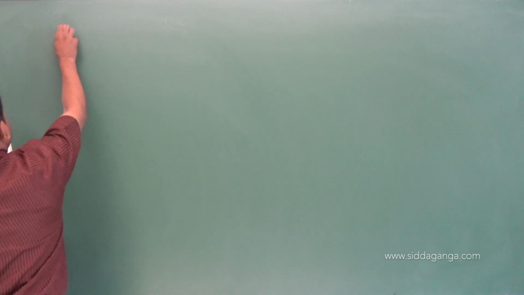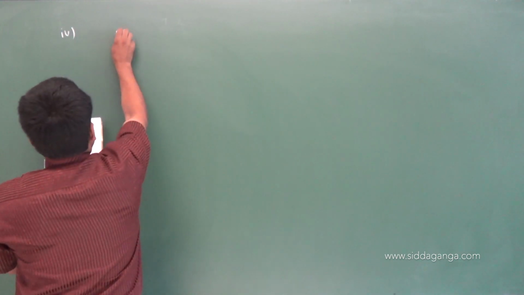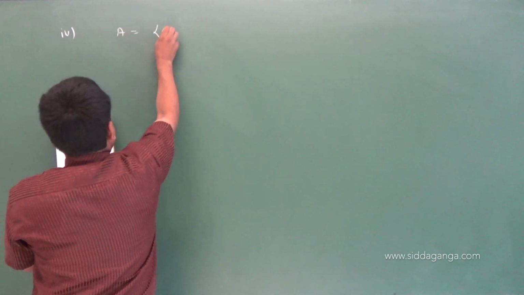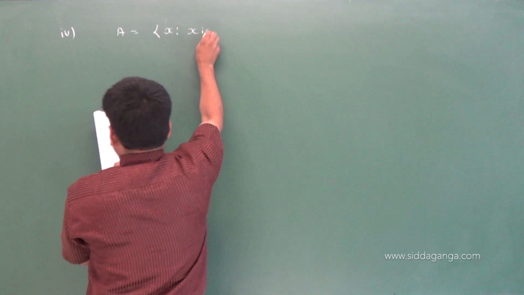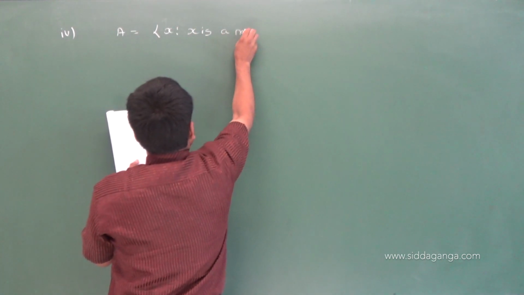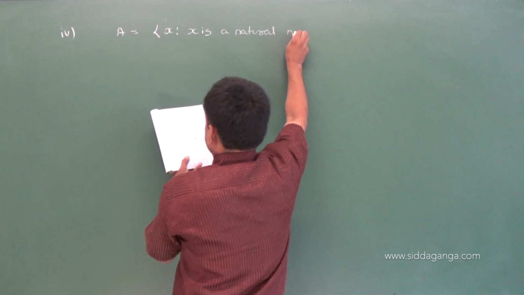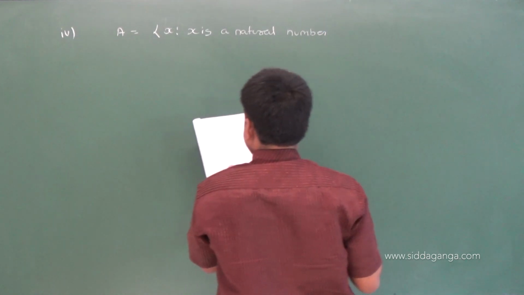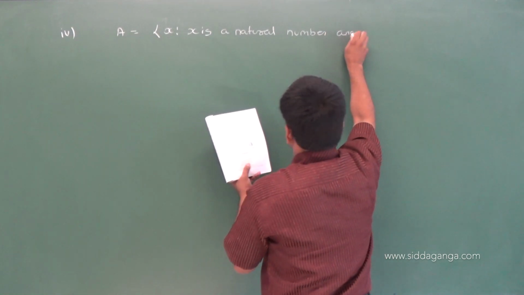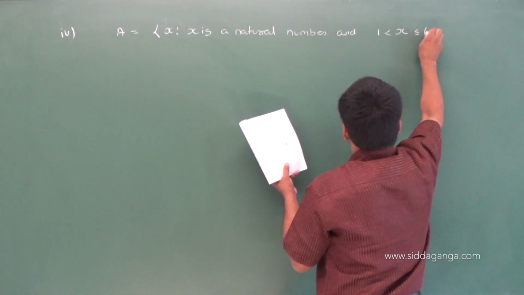Fourth problem. What is given? A is equal to x such that x is a natural number and x greater than 1 and less than or equal to 6.